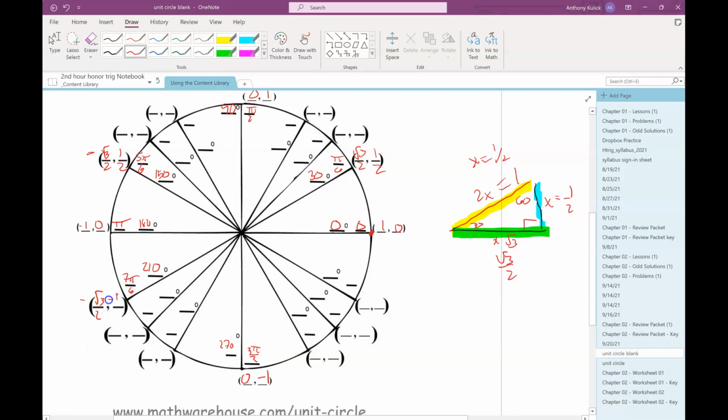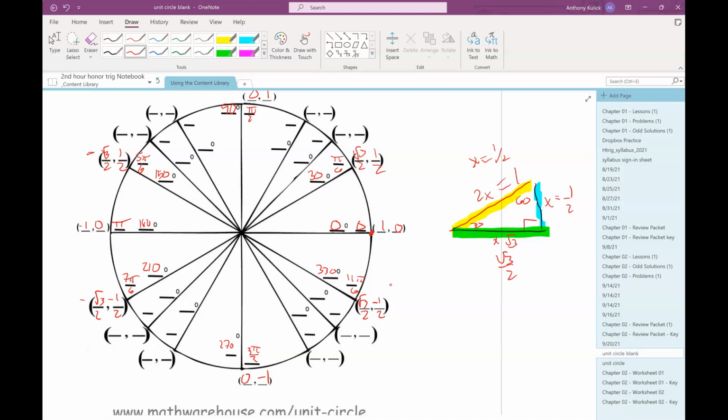And since we're in the third quadrant, both the x and y coordinates are going to be negative. And then 330 degrees, or 11 pi over 6, is in the fourth quadrant, also has a 30-degree reference angle. So that's going to be a positive x coordinate, but a negative y coordinate. Everybody so far so good?